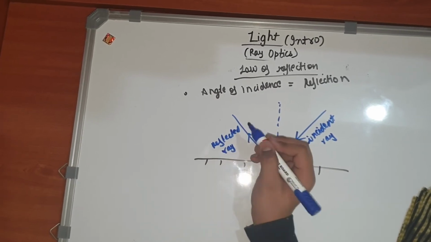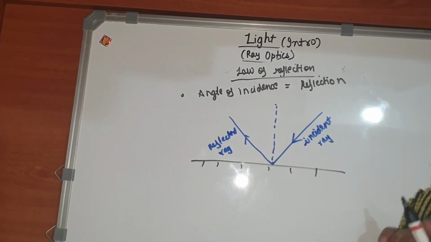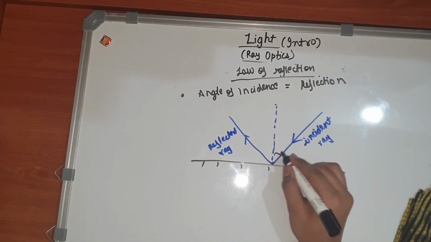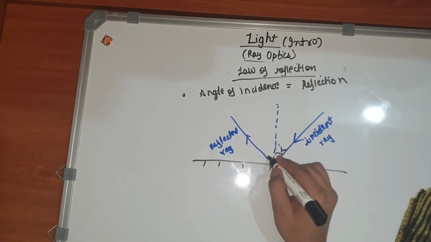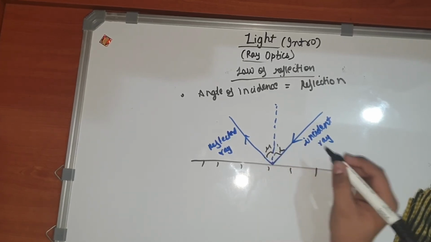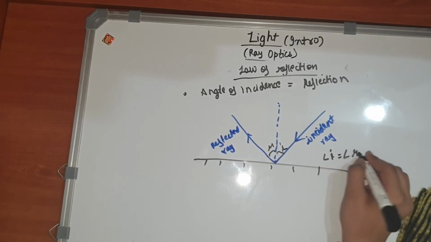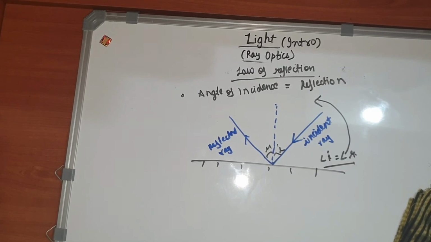So the angle between the incident ray and the normal is I, and between the reflected ray and the normal is R. So angle I is equal to R. This thing is there in the second law, which is angle of incidence is equal to the angle of reflection.